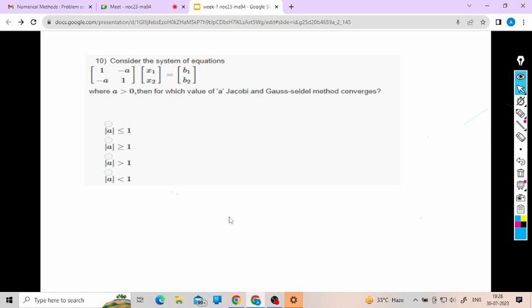It's strictly. The diagonal elements should be strictly greater, so it should be strictly diagonally dominant. So to satisfy that condition, mod a should be less than 1.